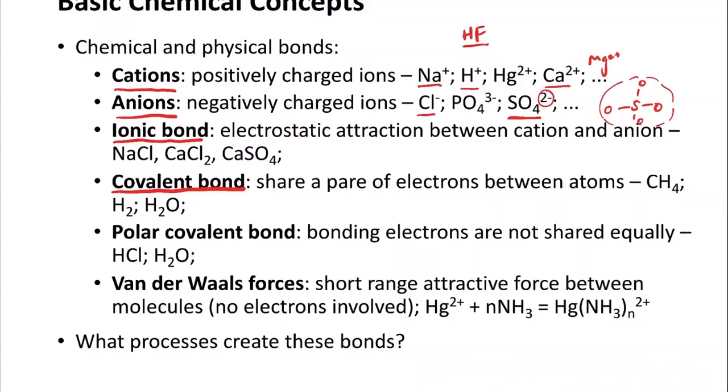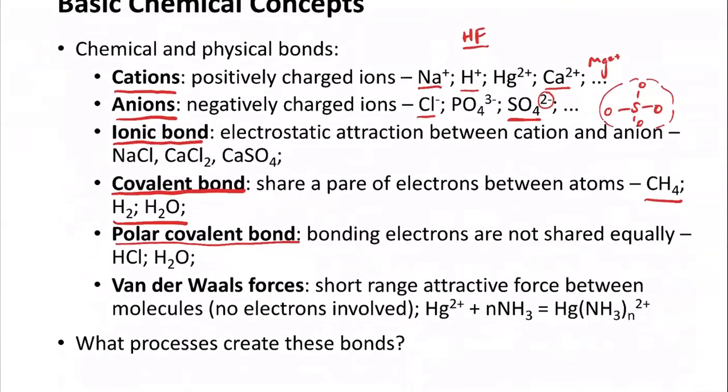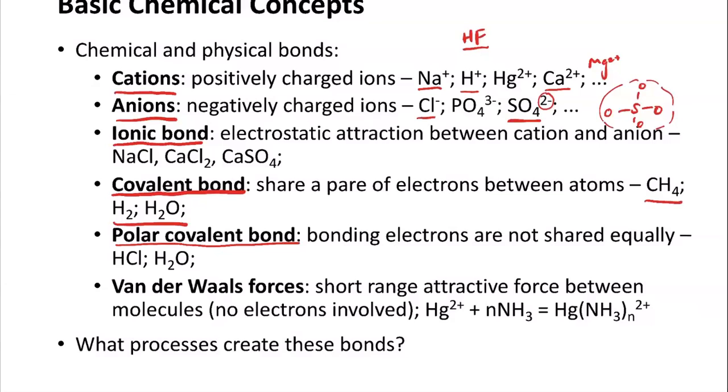Examples can be methane, hydrogen, water. We also mentioned the polar covalent bond. These are categorized based on their electronegativity calculation as well. If the difference in electronegativity is between 0.3 and 1.4, then those will be categorized as polar covalent bonds.